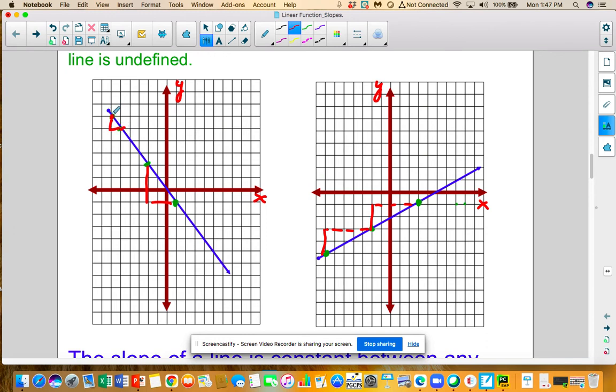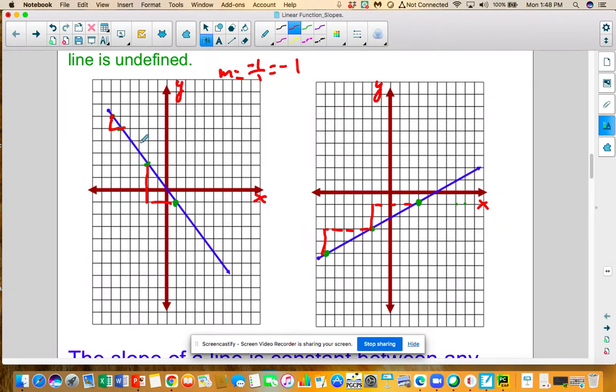So the vertical change will go down by 1, and we have to go over by 1 horizontally to hit the line again. So going down by 1, our vertical change is -1 and our horizontal change is +1. So that means the slope is -1 over 1, which is just -1.